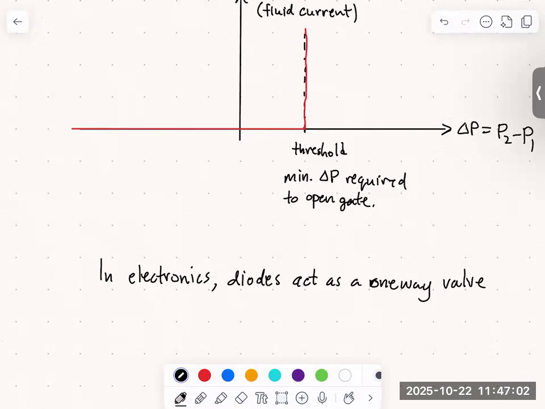And we'll see how this energy barrier comes about and how we have to overcome a certain threshold in voltage to initiate this flow of charge. So it's a one-way valve for electric current or charge flow.